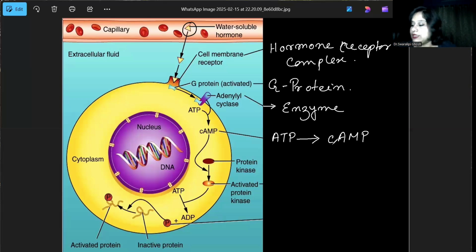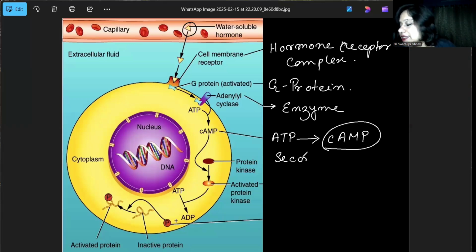Fine. Now, what is this cyclic adenosine monophosphate? This is the second messenger. We will call this the second messenger in this pathway.